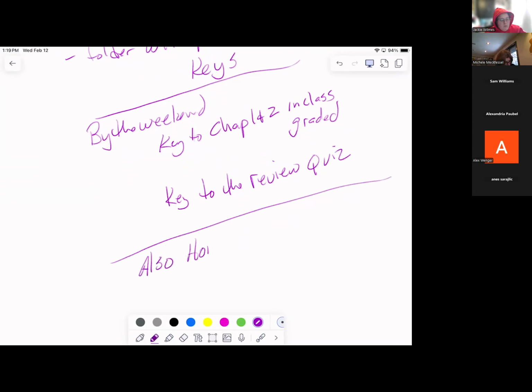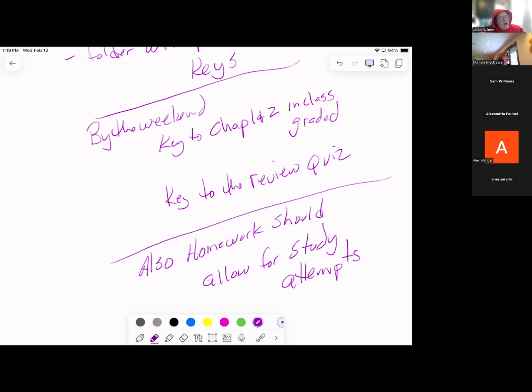Homework should allow for study attempts, and SmartBooks should allow for recharges, right? Obviously, it won't change any points or anything, but you should be able to go back through.